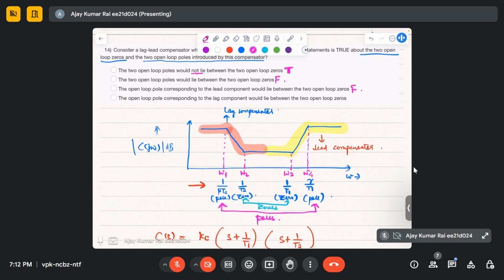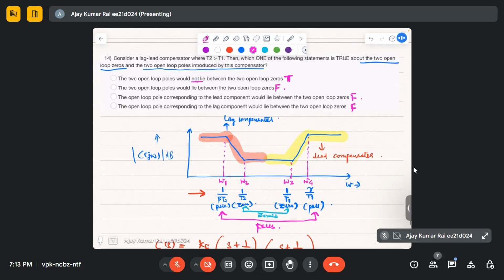So let's see the last statement. The open loop pole corresponding to lag component. What is the open loop pole? That is omega 1. Would it lie between the two open loop zeros? This is also false because both the poles are lying at the extremes, right? Omega 1 and omega 4 are the poles. So clearly third and fourth are wrong. And the second statement says the poles are lying in between the zeros, which is completely false.